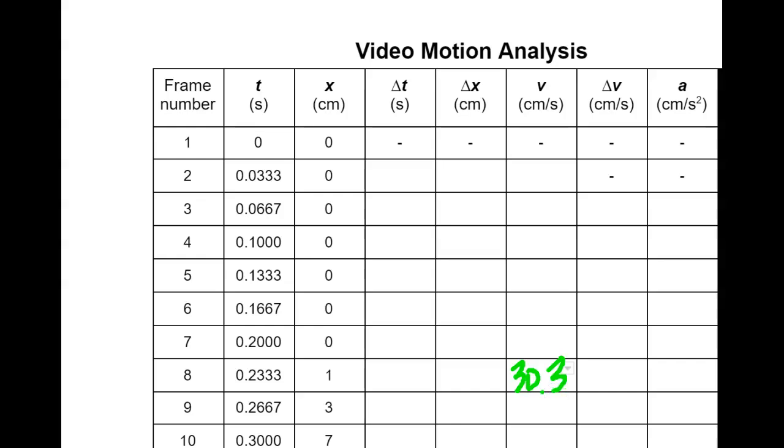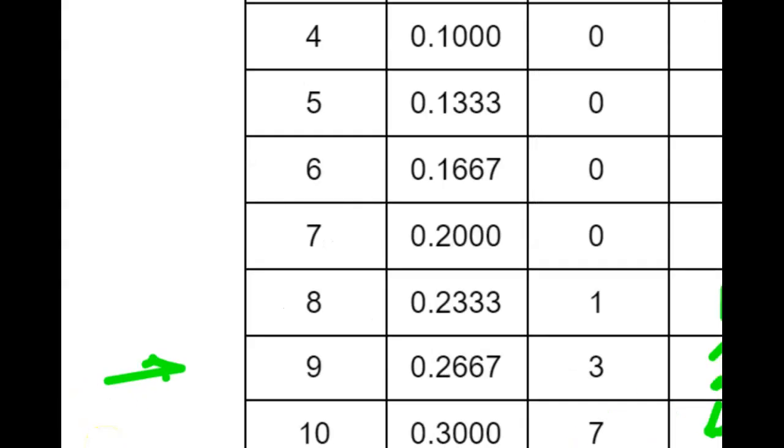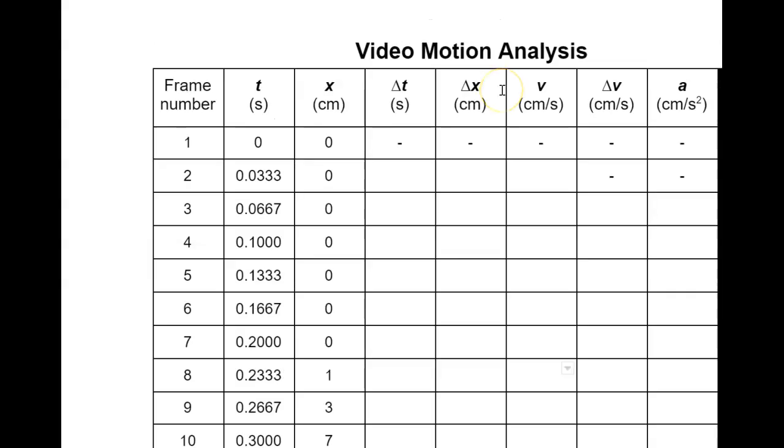30.3. So this was 1, 2, 4. To figure out my velocity at this time 9, I'm going to take what I calculated for my delta x and divide it by my delta t.